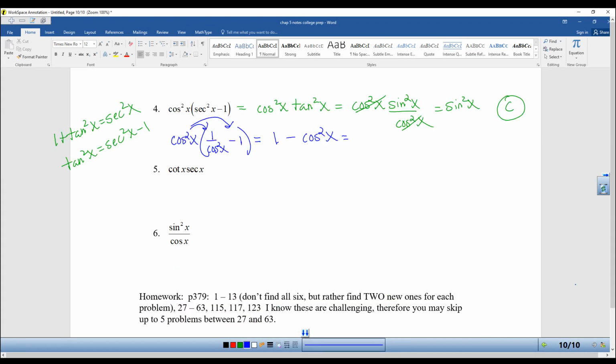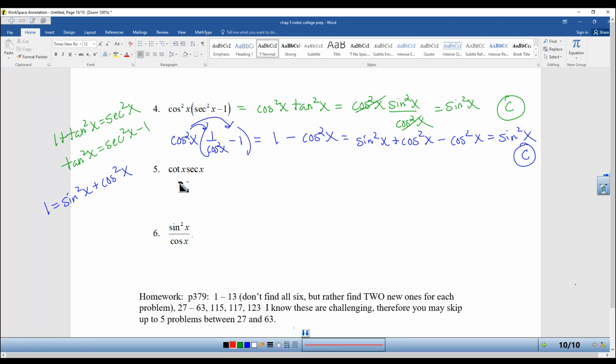So you're still going to need the Pythagorean one, but you're going to need this one instead: sine squared x plus cosine squared x. So I change the 1 to sine squared x plus cosine squared x minus the cosine squared x, and I end up with sine squared x. That just shows two extremely different paths to the same right answer.